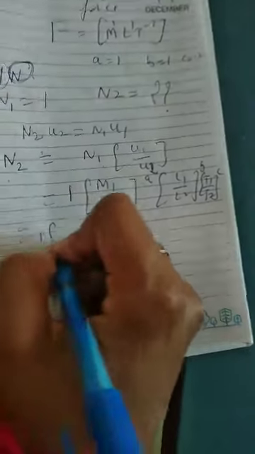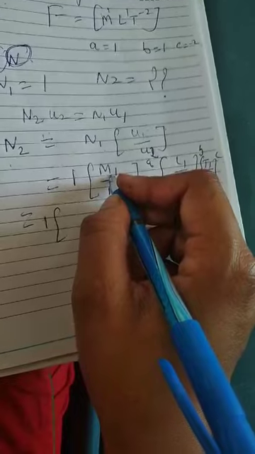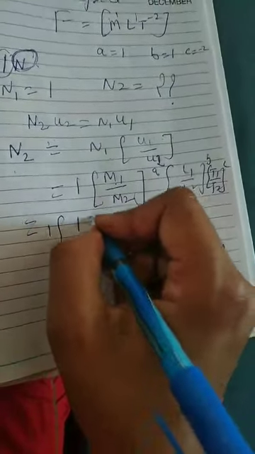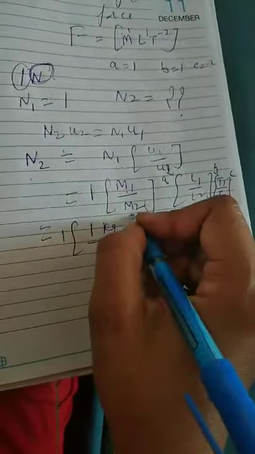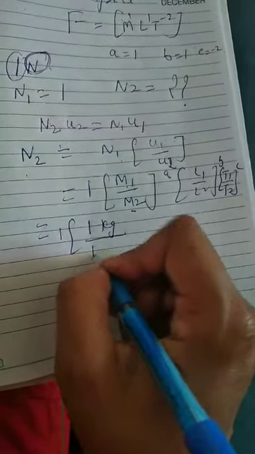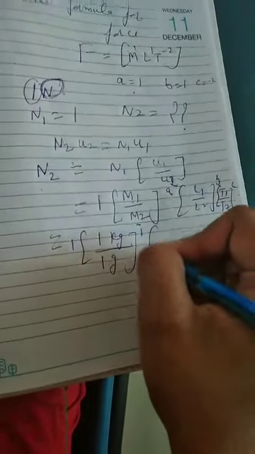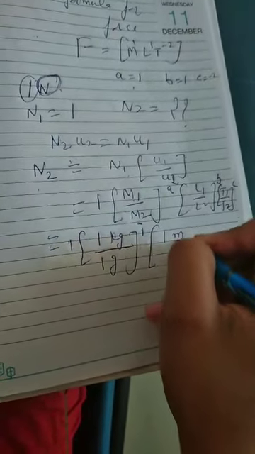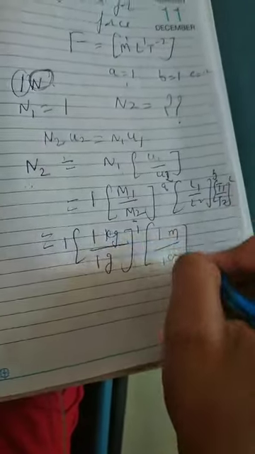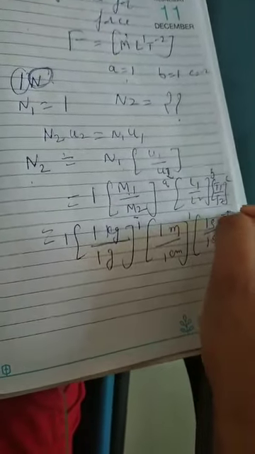Now we write M1, mass in the SI system, as 1 kilogram, and in the CGS system as 1 gram, raised to power a, which is 1. Similarly, L1 over L2 is 1 meter upon 1 centimeter. And 1 second over 1 second is raised to power minus 2.